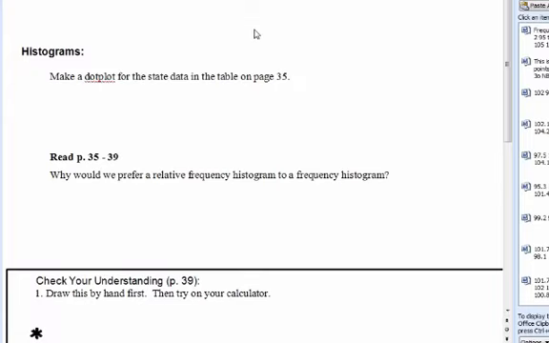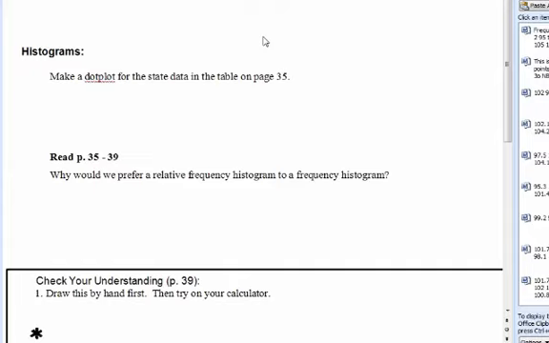When you get ready to make a histogram, it's important to follow some steps. The first thing you need to do is divide the range of data into classes of equal width. In those two histograms I just showed you, one of them had a width of 2 and one of them a width of 5.